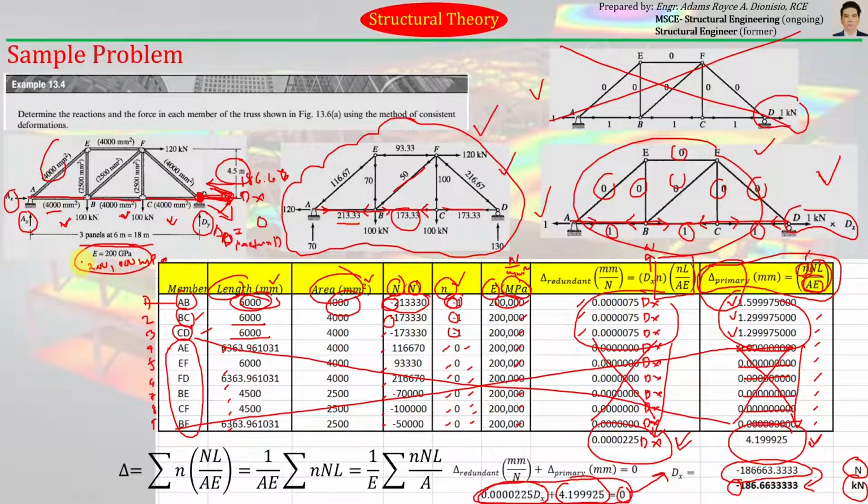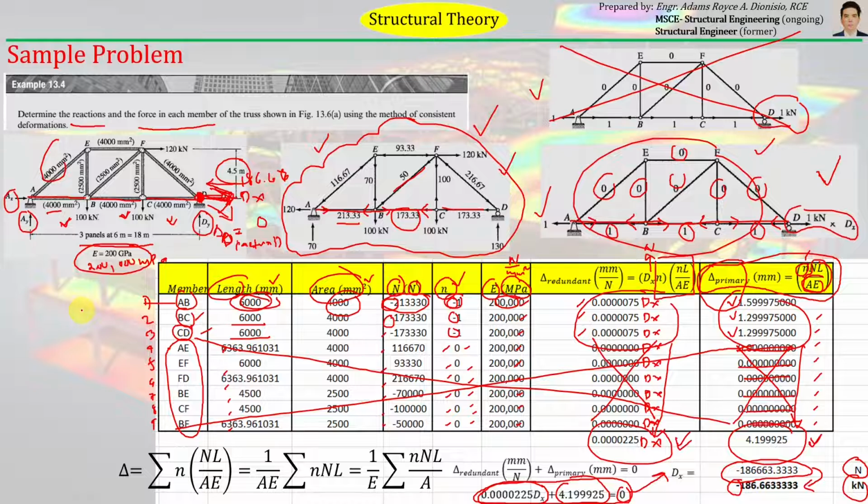So that will be the first answer here. And then after knowing all of the reactions, you can just repeat the process that we have done here to compute for the forces on each member. You can use the method of sections or the method of joints or a combination of them.